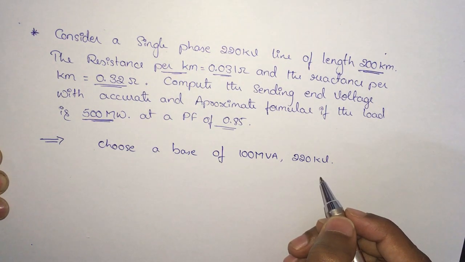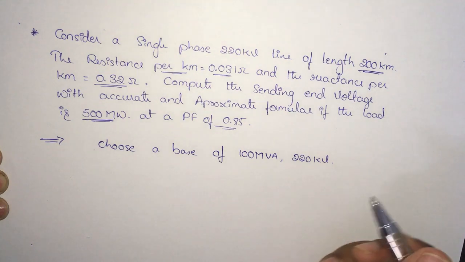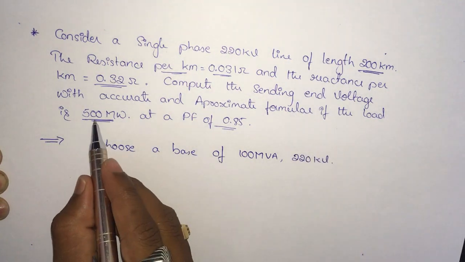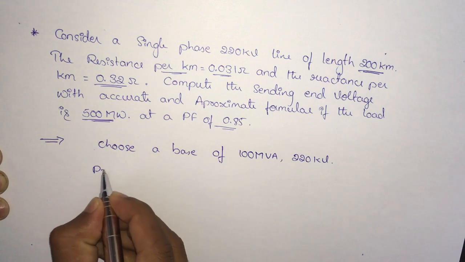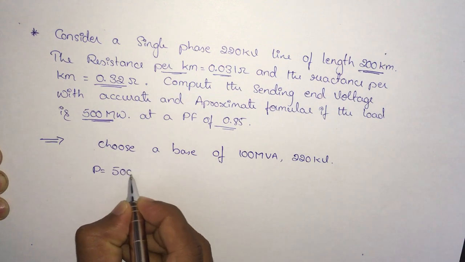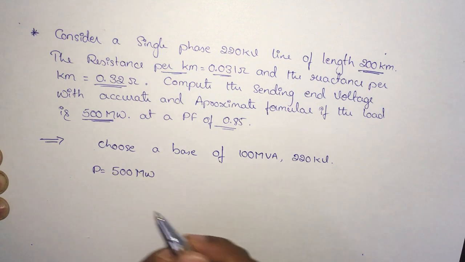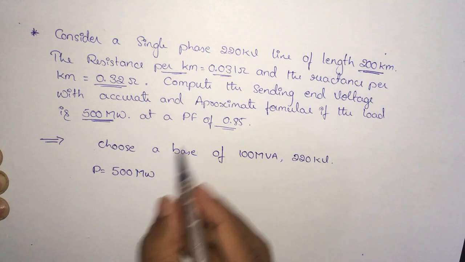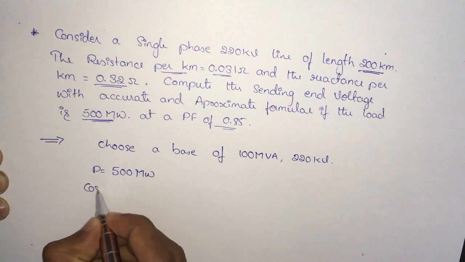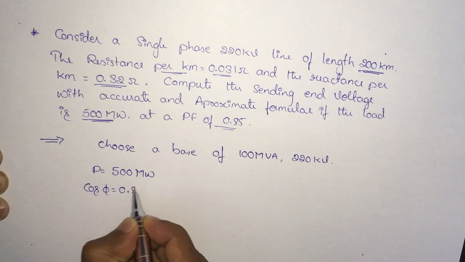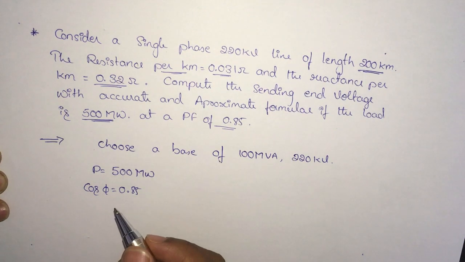Okay, and for the given problem they had given P as 500 megawatt and power factor, which means cos phi, as 0.85.